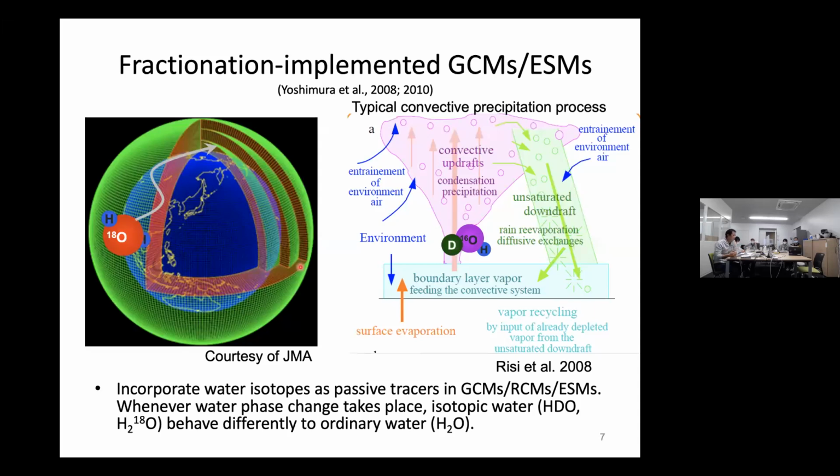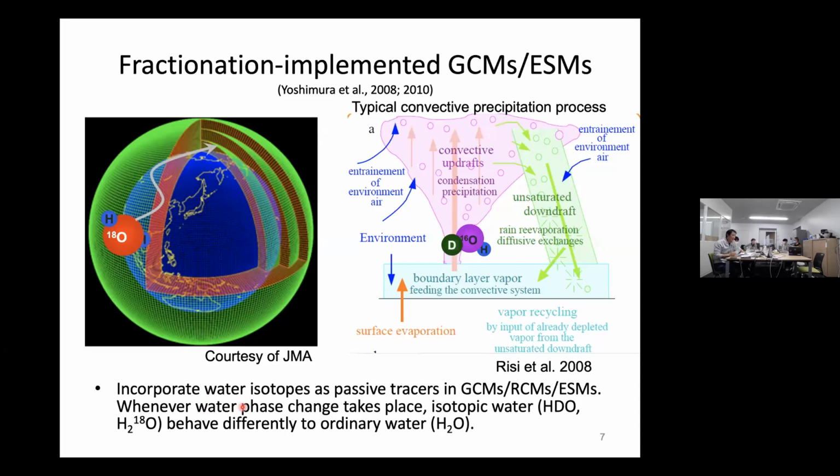So what we usually do, also Camille and the other climate modelers, is implement those fractionation processes in the models and incorporate water isotopes as passive tracers.